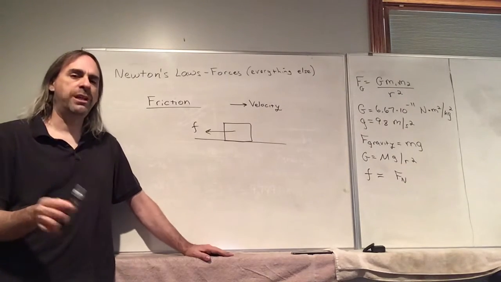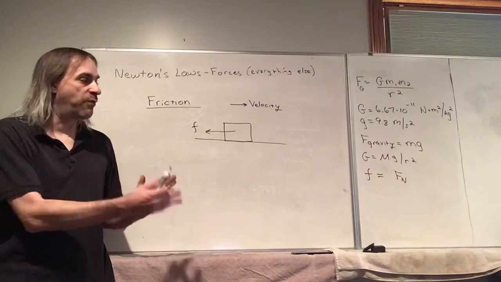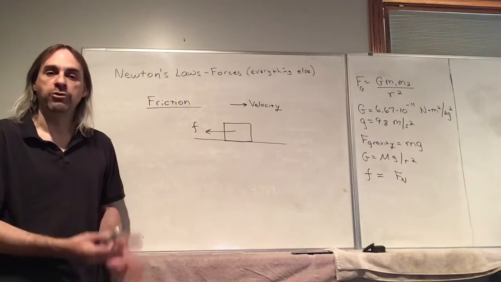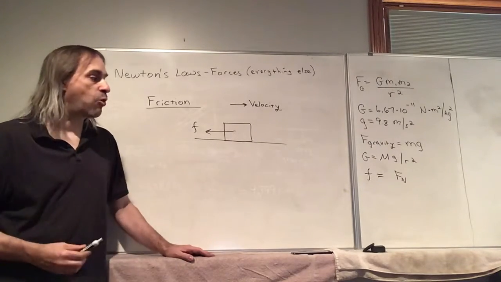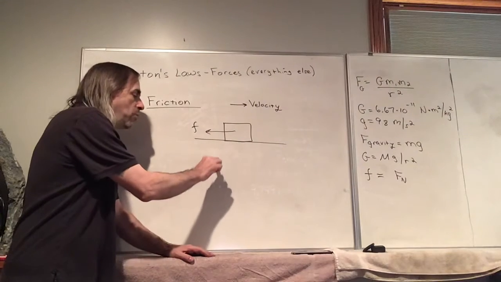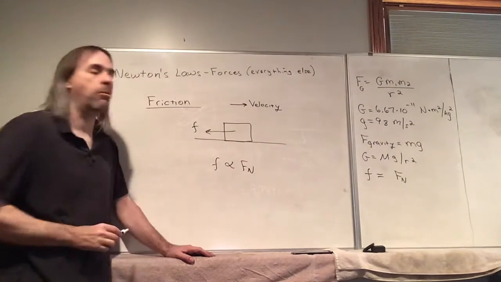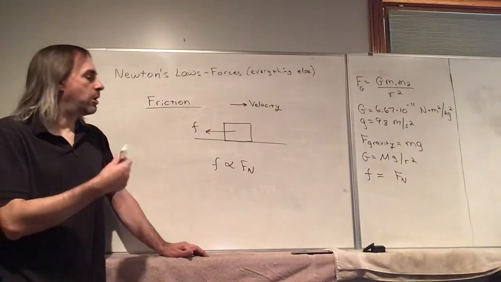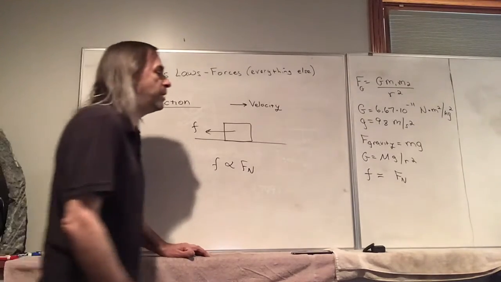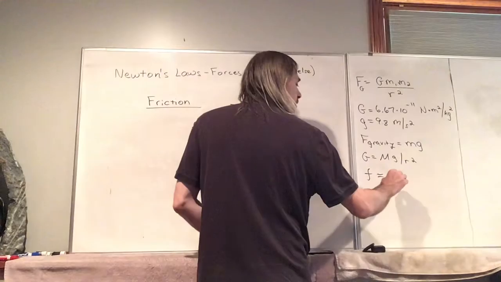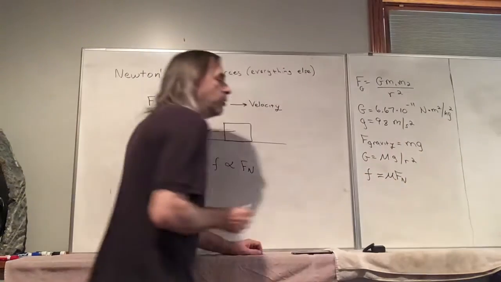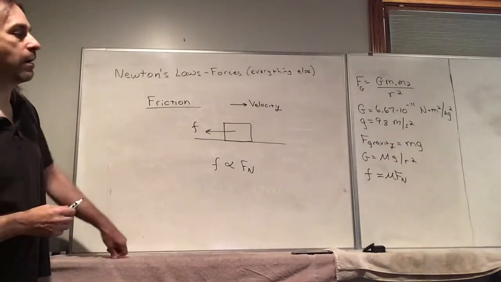But in order to turn it into an equation, these two forces are not numerically equal to each other. It's just a proportional thing. And in order to turn that into an equation, we need a constant, which we call mu. That's a Greek letter.